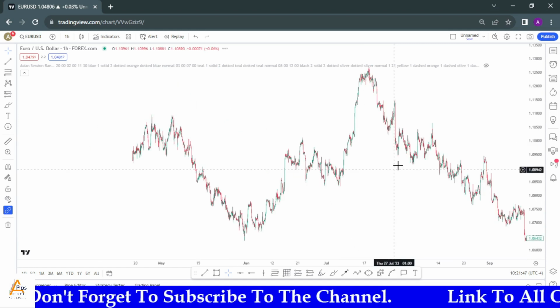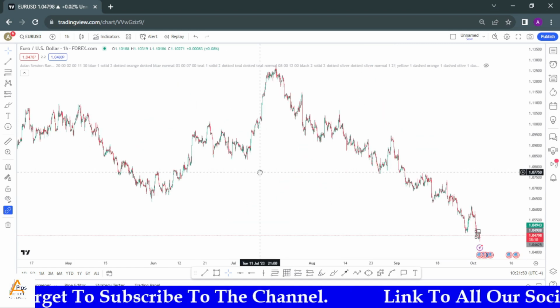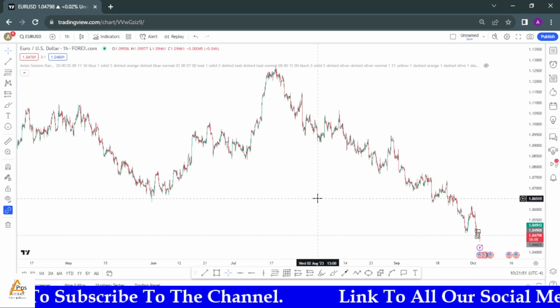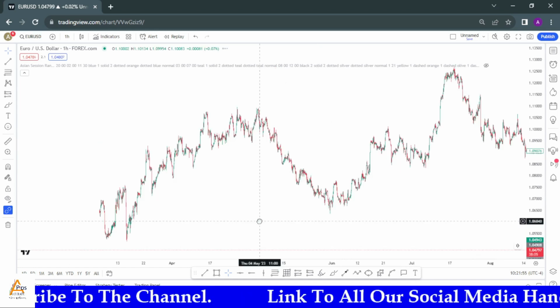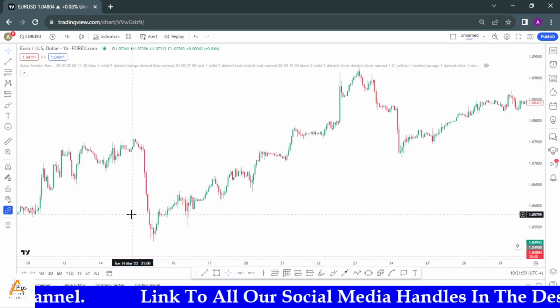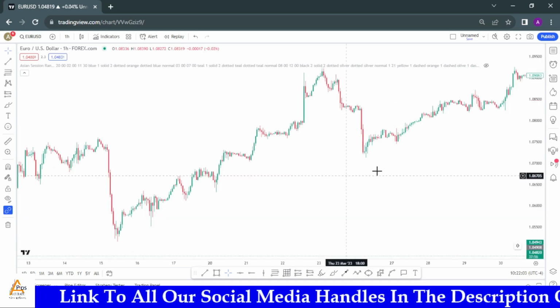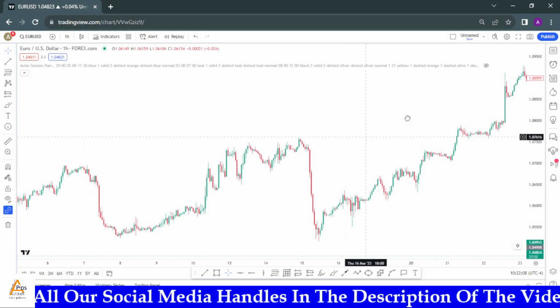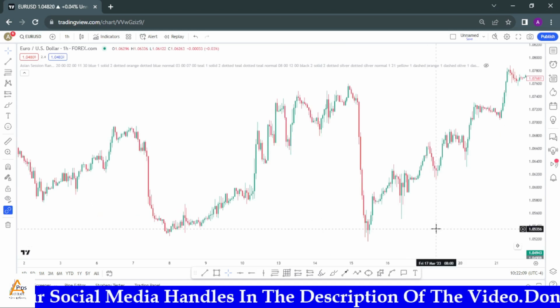That is why it is giving us that reversal there. You see, there are a lot of POI at this area here. One of them has been tapped into by price. This is why we are getting that reversal that you are seeing right now.